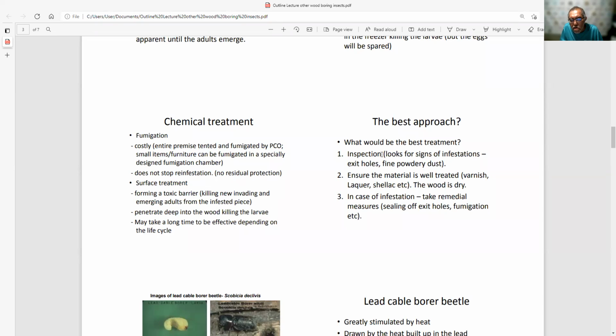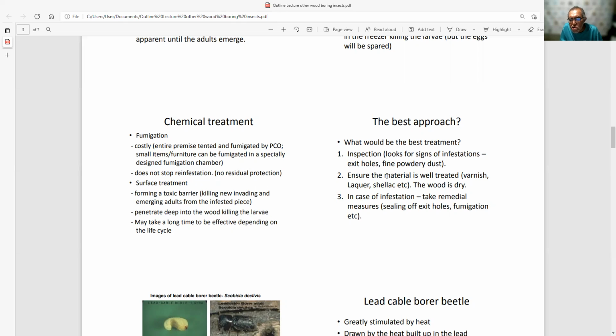It's actually going through the standard process, going through the looks for sign of infestation, exit holes, fine powdery dust, okay, quality control, QC. QC is always the first line of defense in any industry.